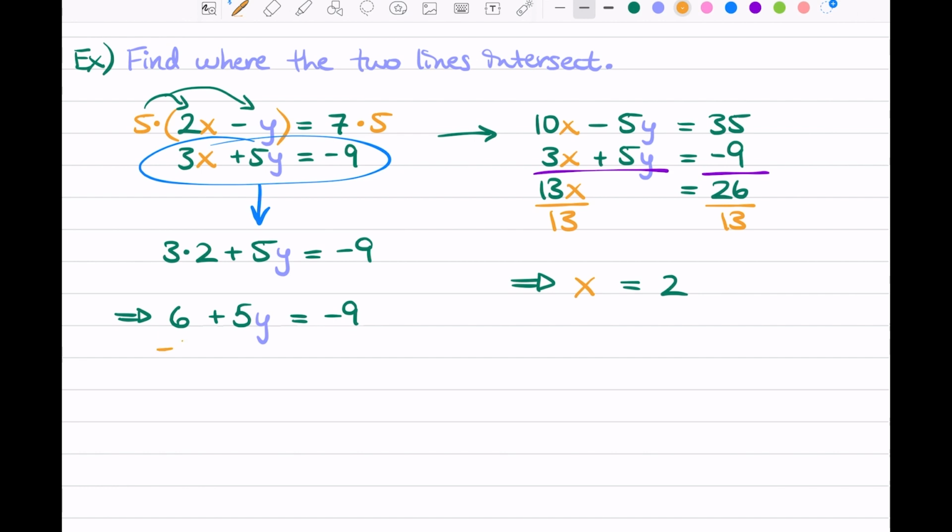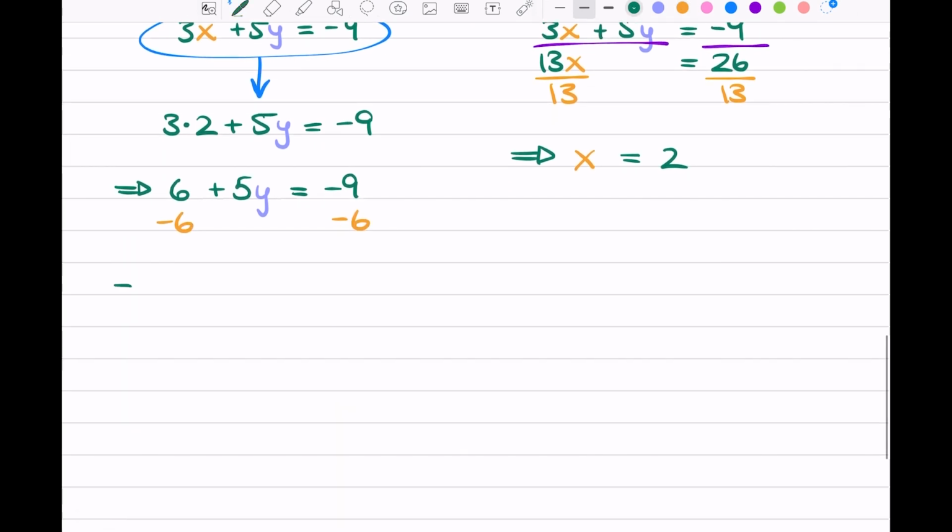We can subtract 6 from each side, leading to 5y on the left side equals negative 9 minus 6, which is negative 15. Now we can divide each side by 5, leaving us with y equals negative 15 over 5, which is negative 3.